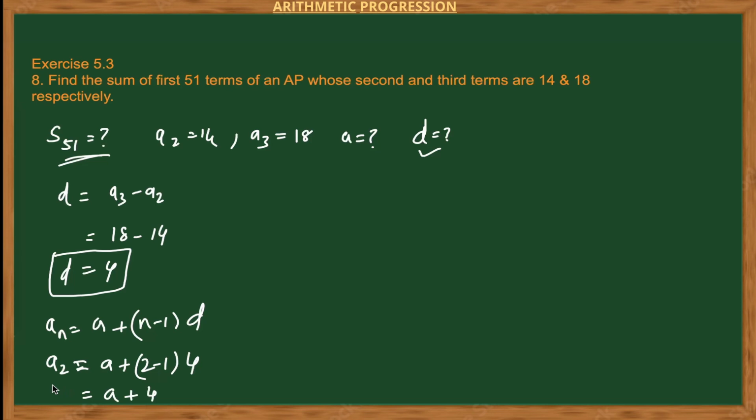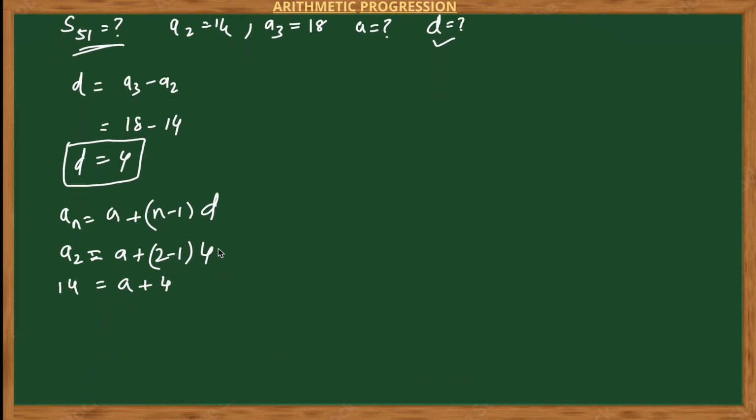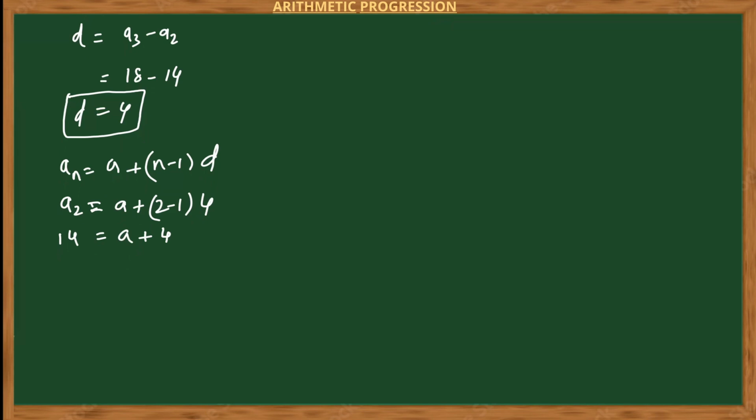The a2 value we have is 14. So a plus 4 is equal to 14. We interchange, so this 4 goes to the other side and becomes minus 4. So a value is equal to 10.